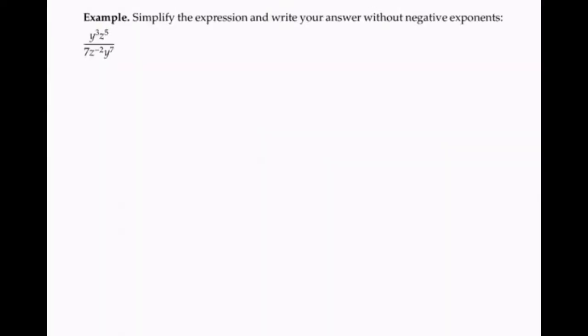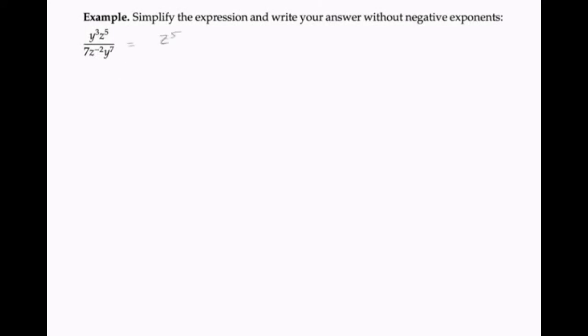In this example, notice that I have y's in the numerator and the denominator, and also z's in the numerator and the denominator. In order to simplify, I am going to try to get all my y's either in the numerator or the denominator, and all my z's too. Since I have more y's in the denominator, let me move this y to the 3 to the denominator and make it y to the negative 3.